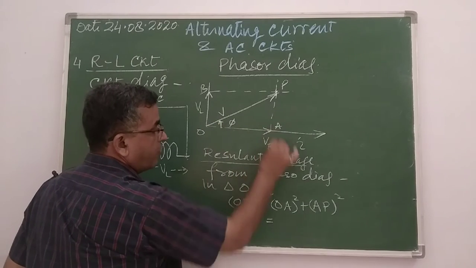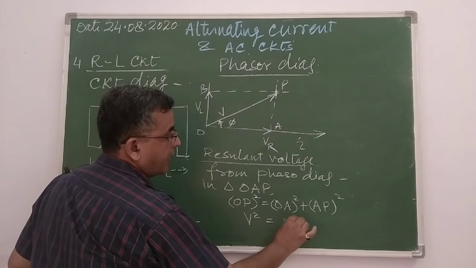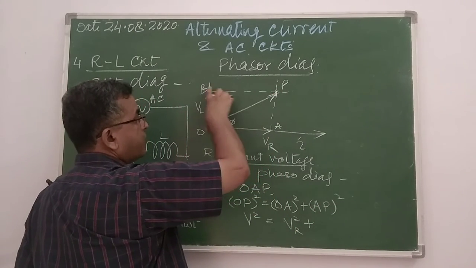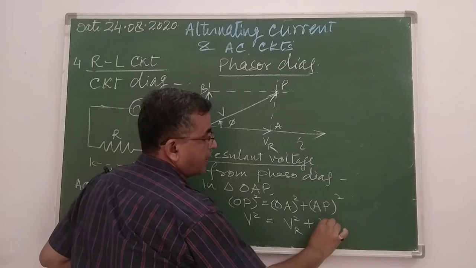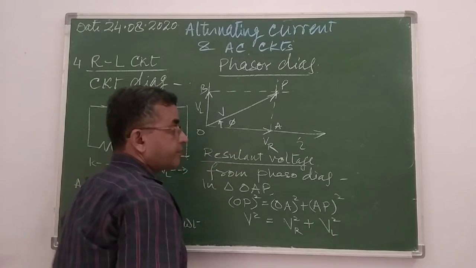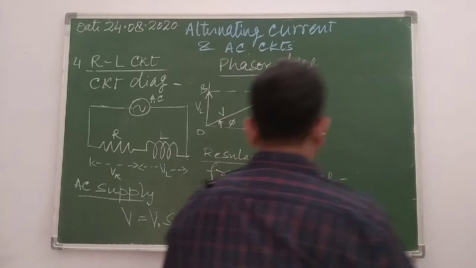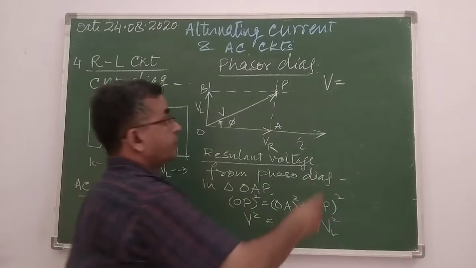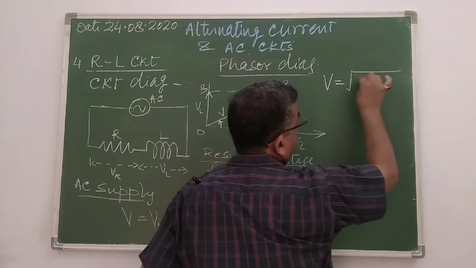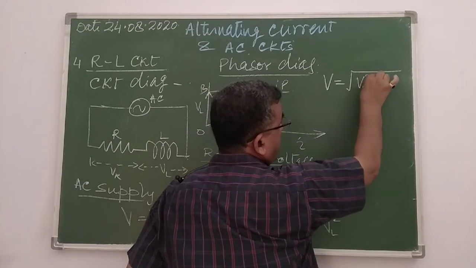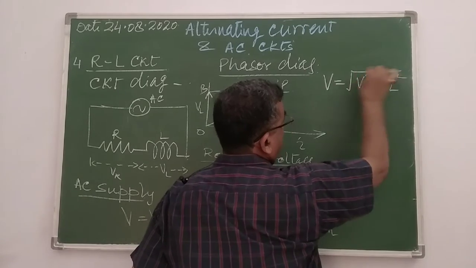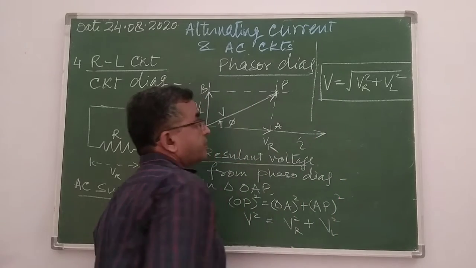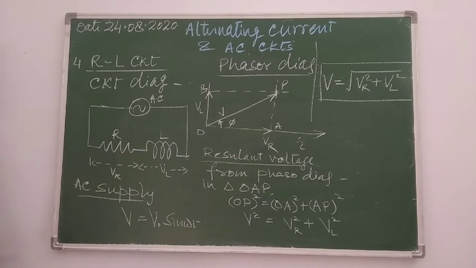This is VR, the voltage across the resistor, and this AP equals the VL voltage. So we can write V equals under root VR square plus VL square. So this is the resultant voltage.